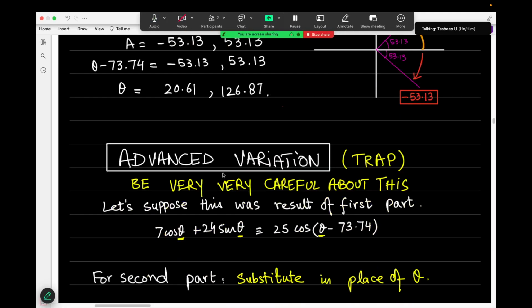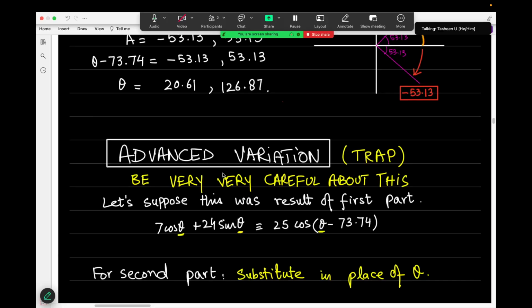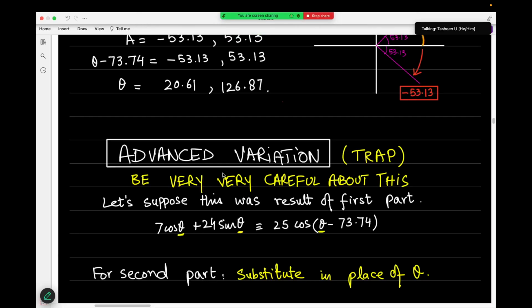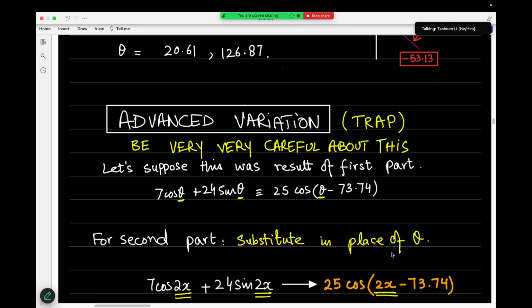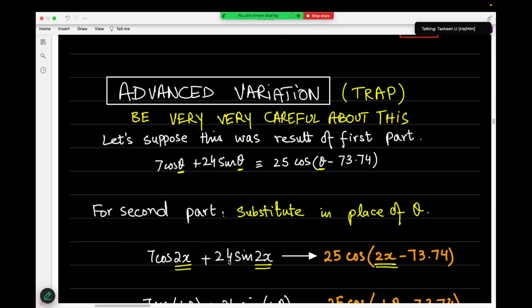Now always be very careful about this. Let's suppose this was the result of the first part: 7 cos theta plus 24 sin theta equals 25 cos(theta minus 73.74). For the second part, substitute in place of theta. Let's say the second part was something like this, they told you to convert this thing to this, and then they're asking to solve this.